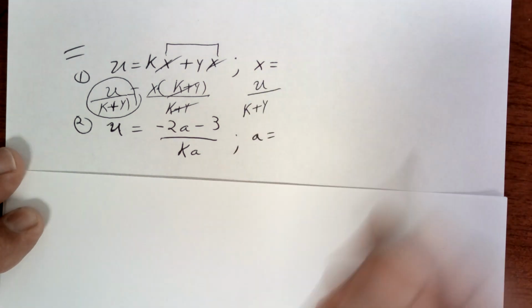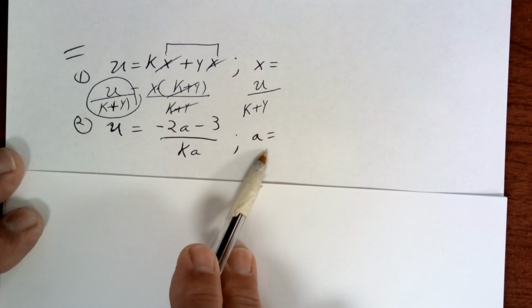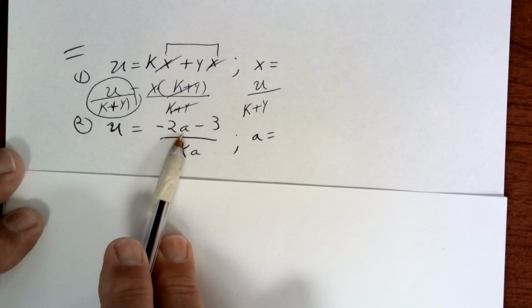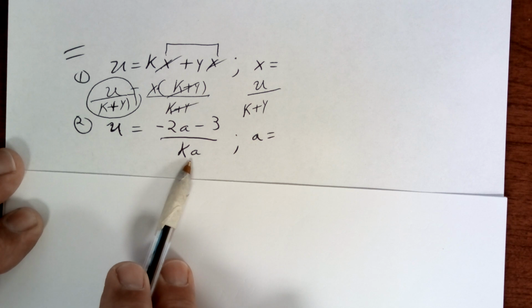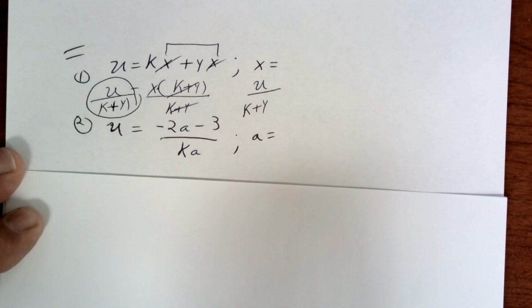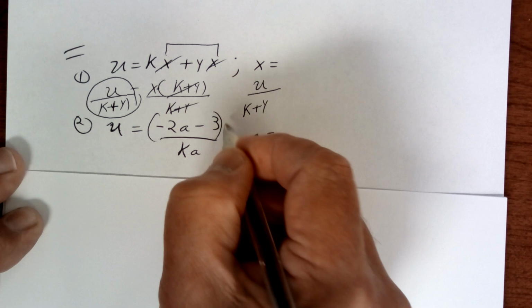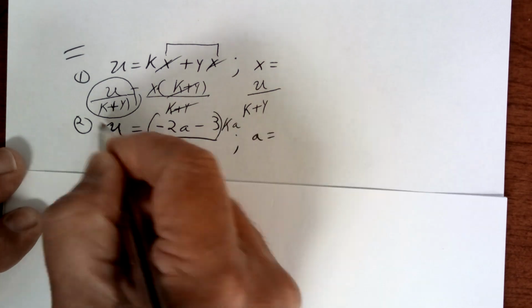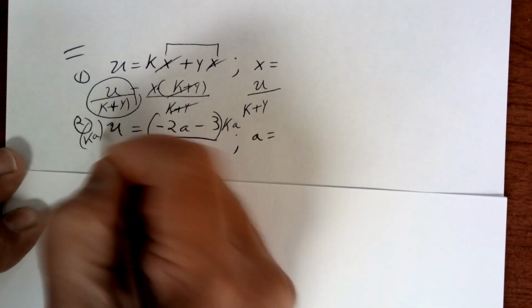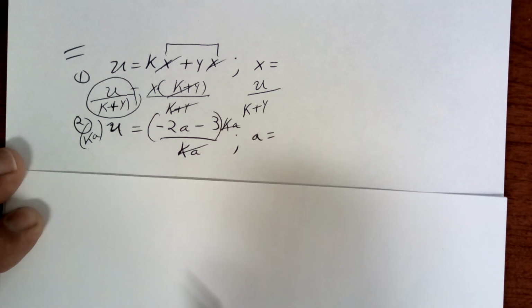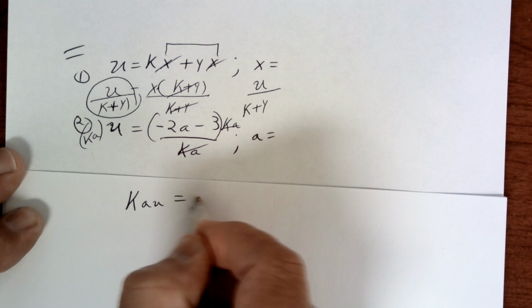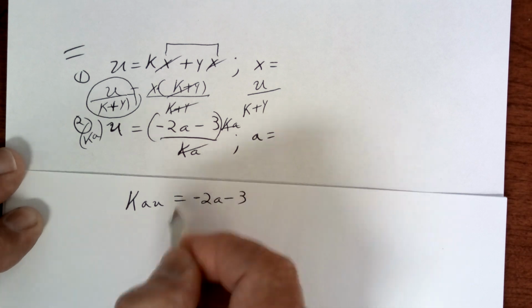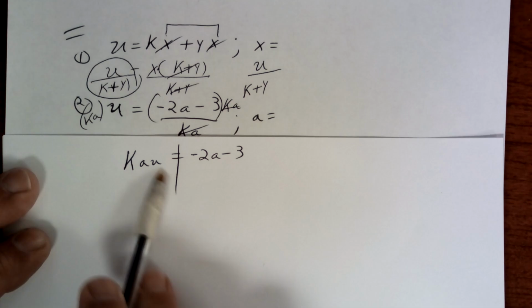This one right here, you're looking for a, and you have a here, and you have a down here. First thing you're going to do is clear your denominator. So you're going to multiply all of this by Ka, and this one too by Ka. When you do that, this cancels. So now you get Ka is equal to negative 2a minus 3. Next thing you do is get your a's together. So I'm going to move this one over.